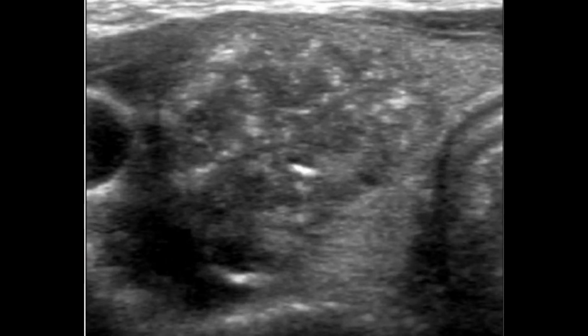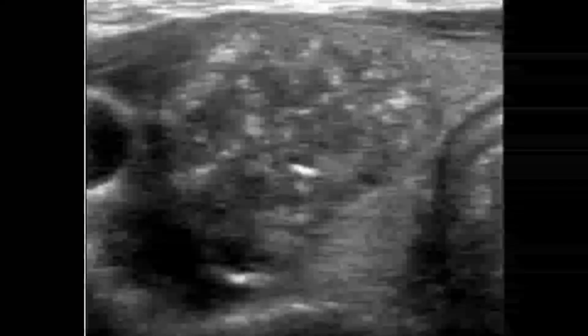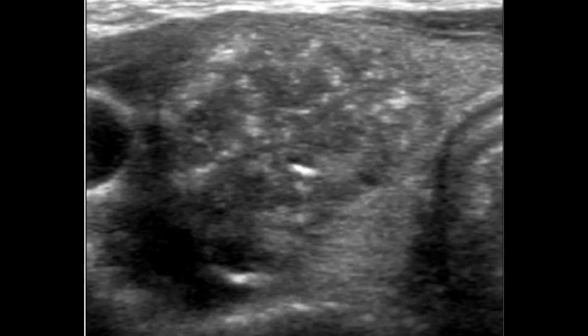Anyhow, in both types of cancer, the nodule would be hypoechoic, irregular, and lobulated. So this is to distinguish between the papillary and the medullary on the basis of the type of calcification. If it is microcalcification, it would likely be papillary carcinoma, and if it is globular calcification, it would be medullary carcinoma.